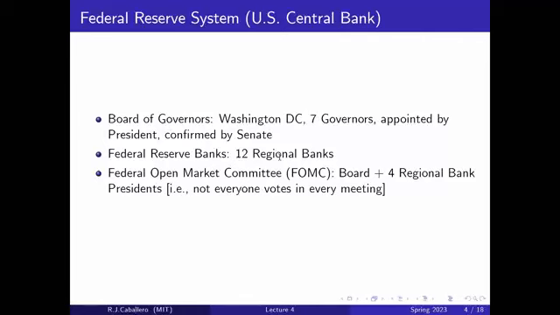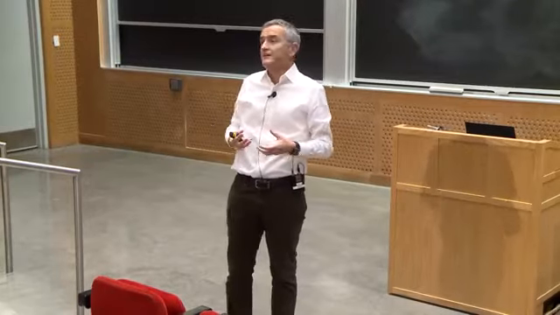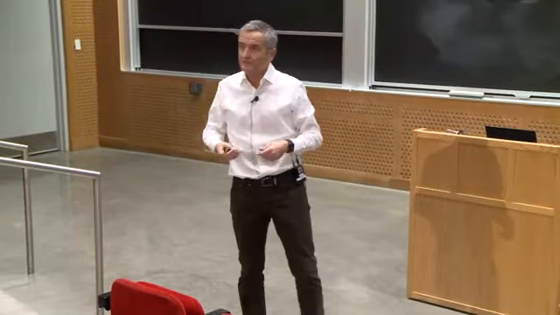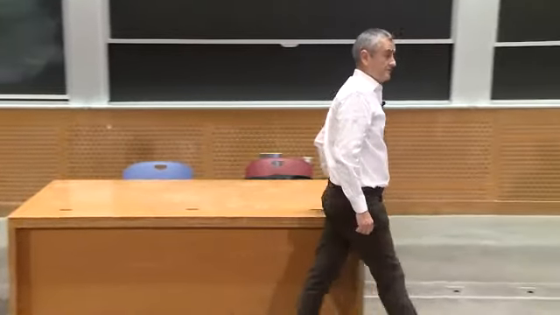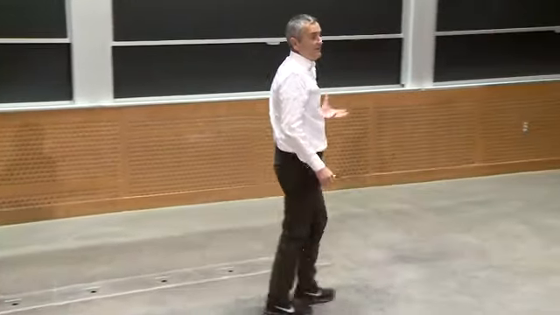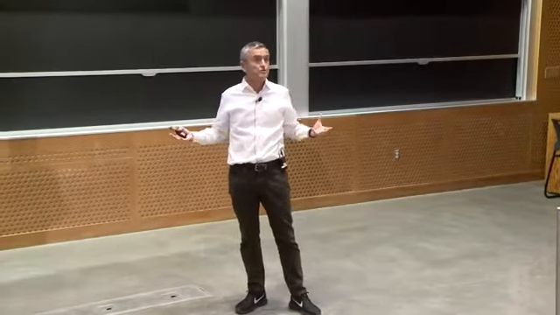Most of them rotate. The only one I think that does not rotate is the president of the New York Fed, because that's the financial heart of the U.S., so you certainly want that president to be involved in interest rate decisions. It's really the New York Fed that is in charge of communication with financial markets, which is a huge thing for the Fed.